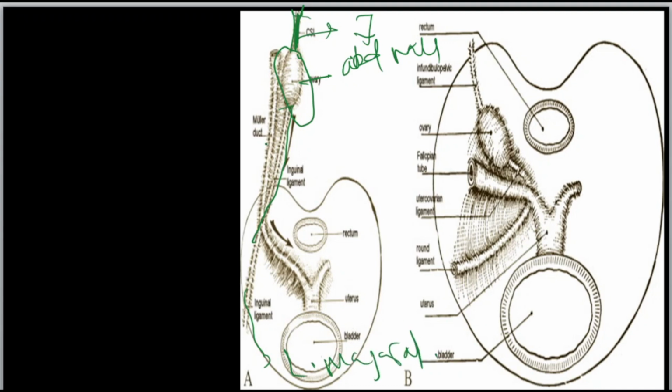And with the traction of gubernaculum, this ovary becomes a pelvic organ and it attaches with the developing uterus. This part is known as cornu. It is the fusion part of fallopian tube and the fundus or body of the uterus. Here the attachment of this gubernaculum occurs and this portion is known as ovarian ligament.